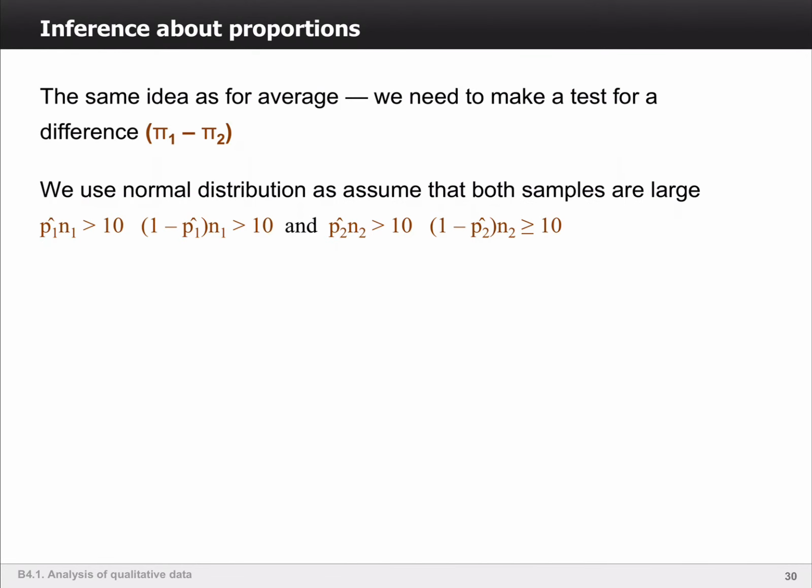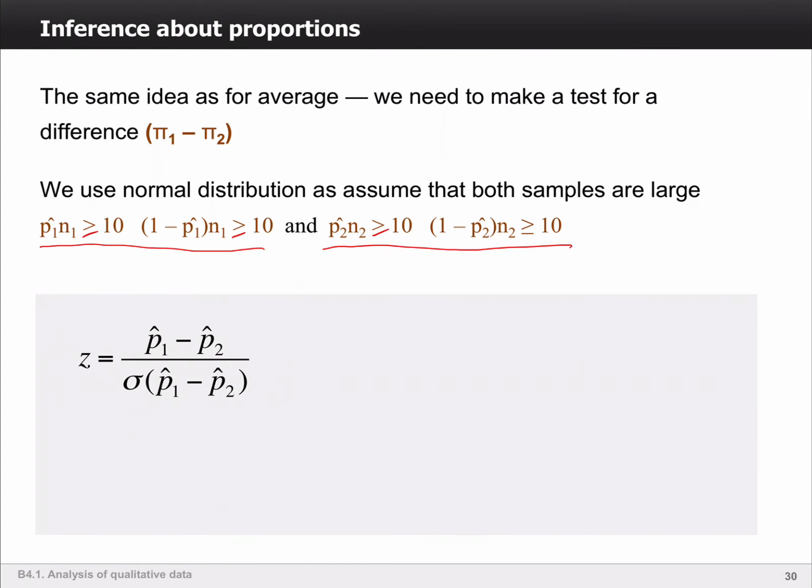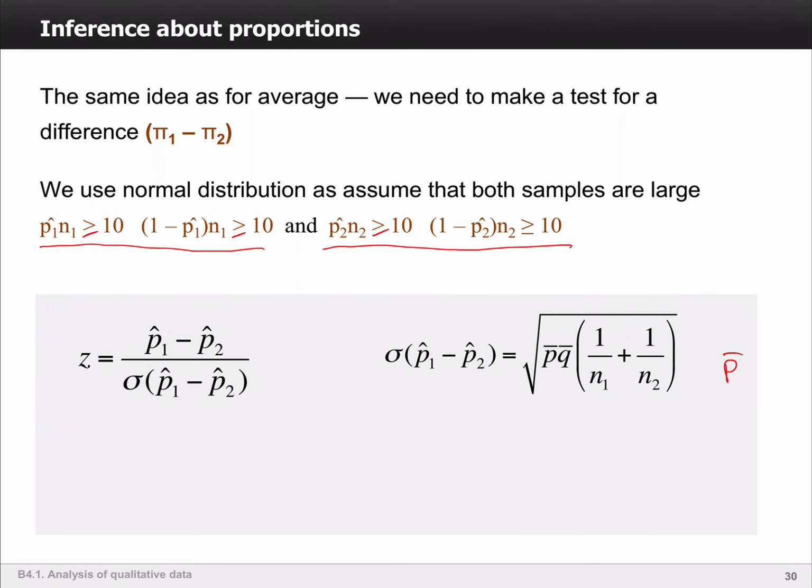In our case, we have the same rules as for one sample, but now these rules should be applied to both samples. It means that the sample size should be large enough, like this. Then you calculate the z-value as the difference between the sample proportions divided by the standard error. In this case, you have to calculate the pooled standard error, and that's how to calculate it. You see, I use this p with a small dash on top of it.